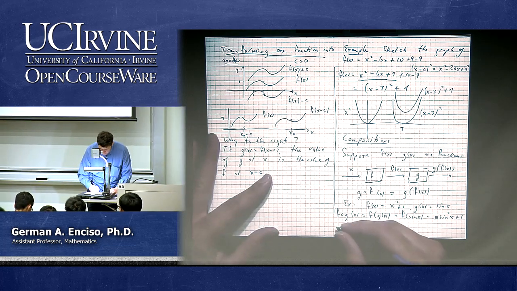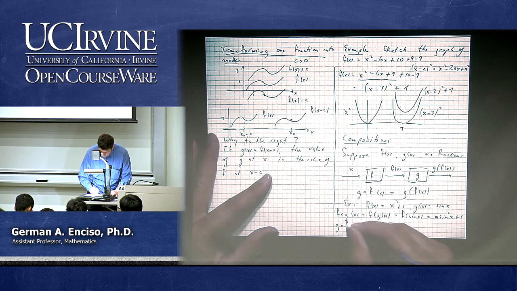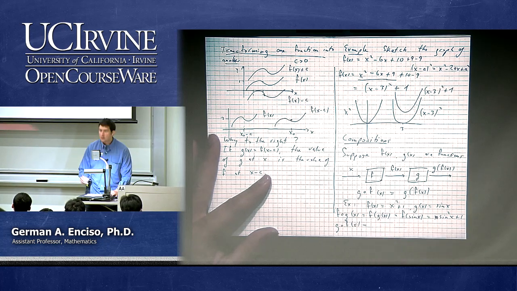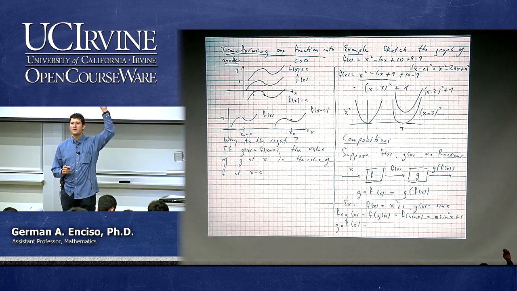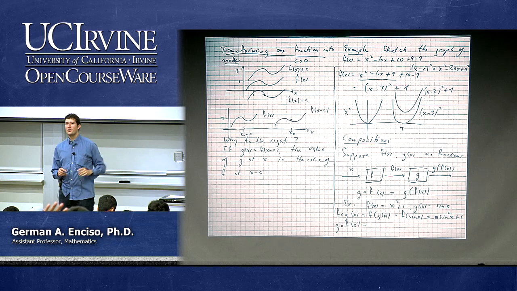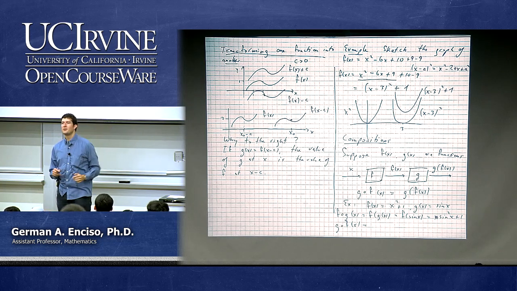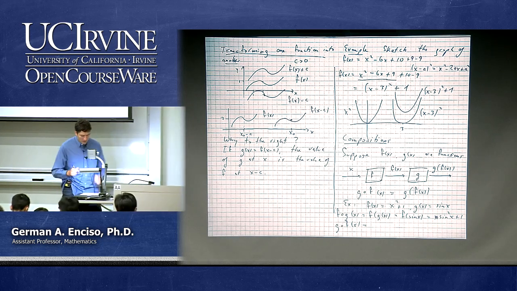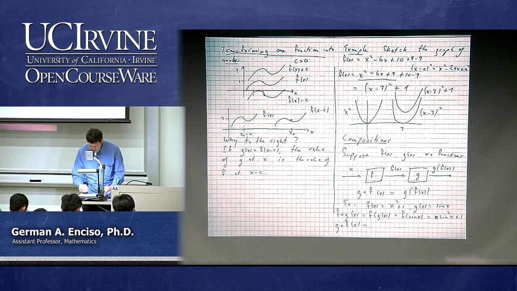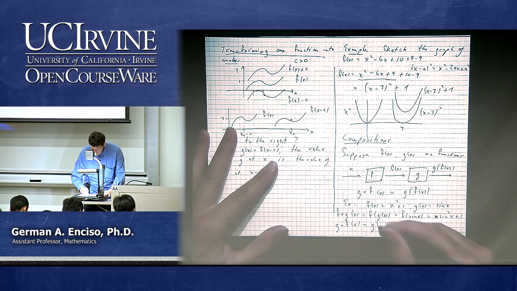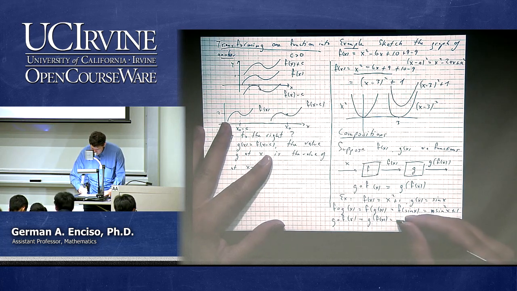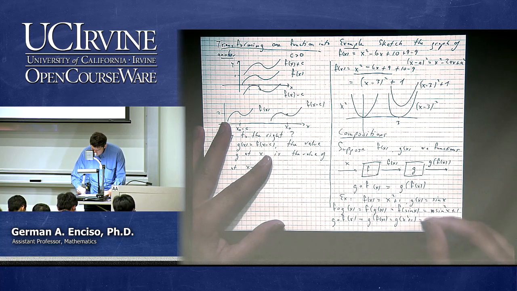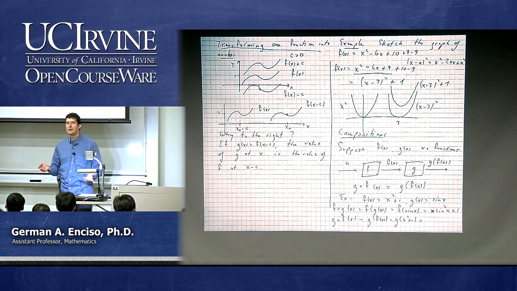Okay, what about g composed with f of x? Is it the same? No. Who thinks it's not the same? Okay, who thinks it's the same? Okay, you're good. It's not the same. Okay, g of f of x is equal to g of x squared plus 1. Remember, f of x is x squared plus 1, right?